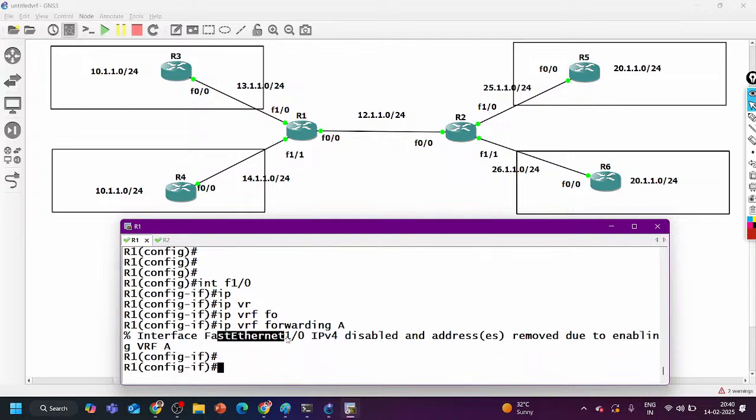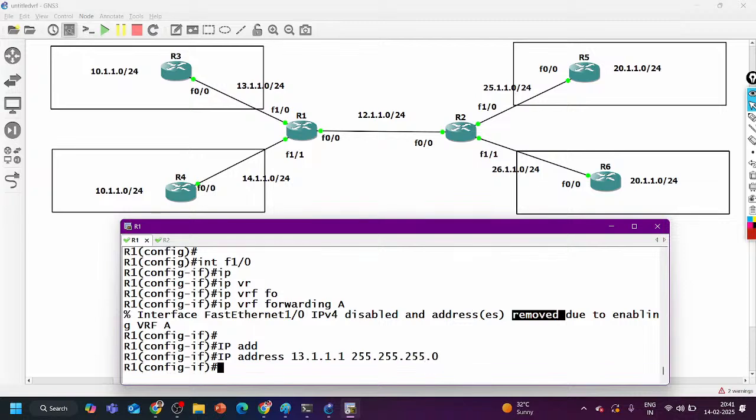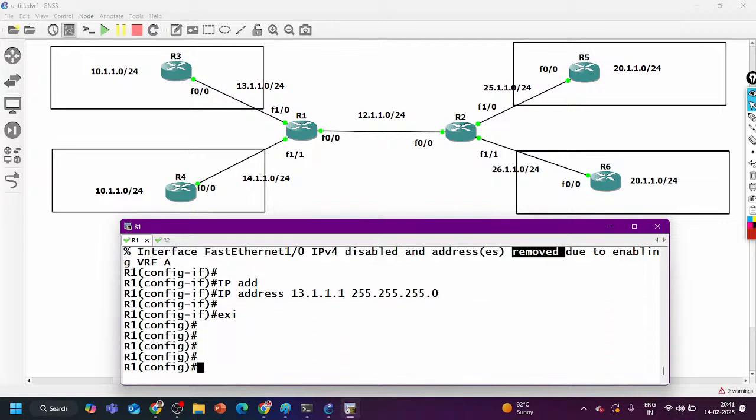Interface FastEthernet 1/0: IPv4 disabled and address removed due to enabling VRF A. So the router is putting this interface in a VRF now. Earlier, if you had configured any IP address, that IP address is removed. You have to configure the IP again, right? So again, I can say ip address 13.1.1.1 255.255.255.0.